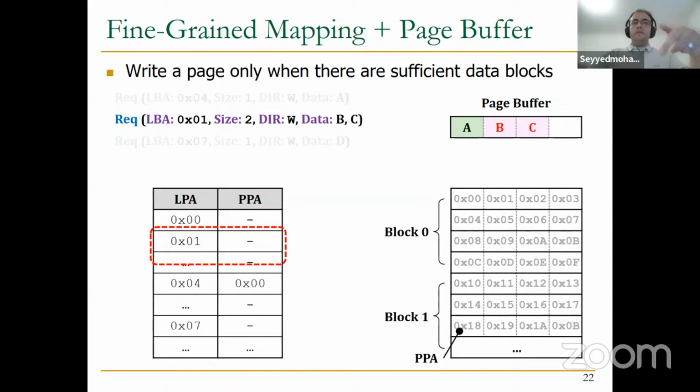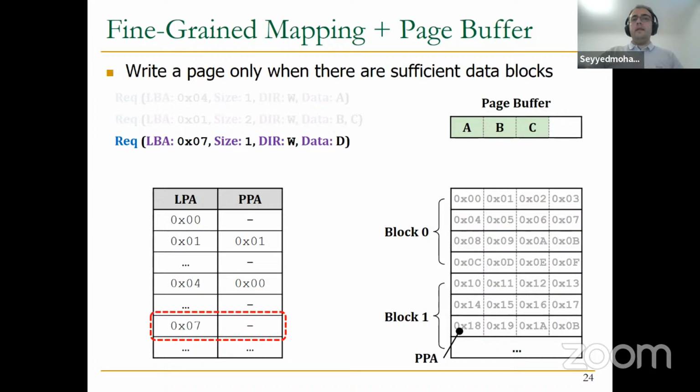So we keep 2 slots in the mapping table because it has 2 4 kilobyte pages. And then the third request, which is 07, we also write in the page buffer. So now we have 4 kilobyte pages in our page buffer, and now we can do the write.